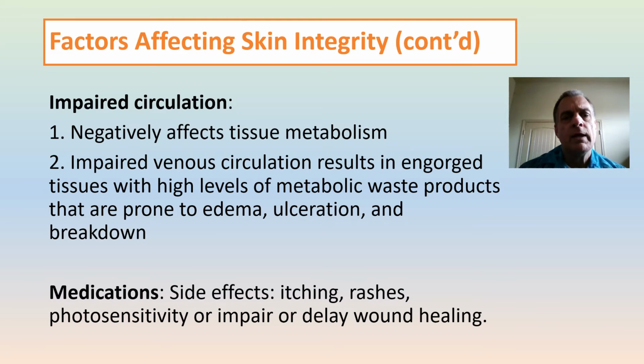So how about impaired circulation because of disease process or decreased cardiac output? Impaired circulation affects tissue metabolism, and that includes the exchange of nutrients and oxygen across the capillaries into the tissue space, and that creates a risk, particularly venous circulation, venous stasis ulcers.